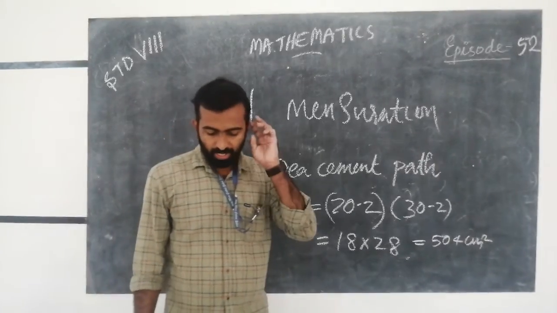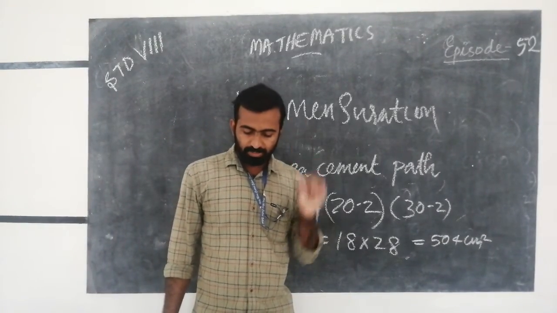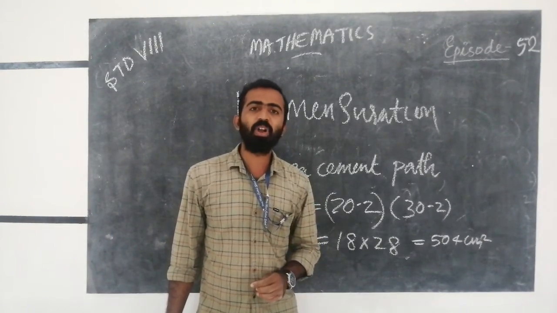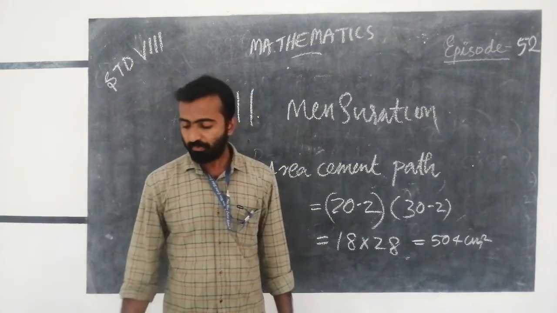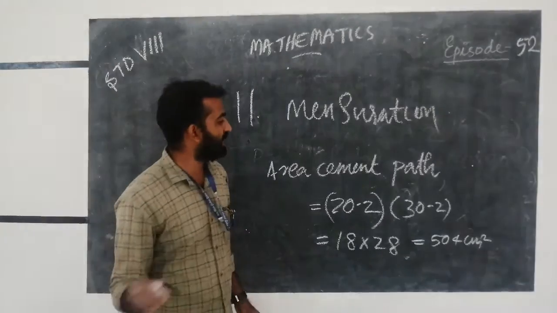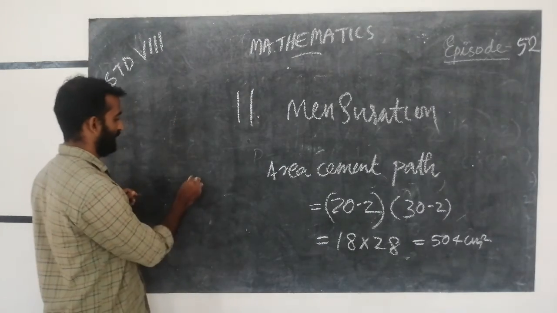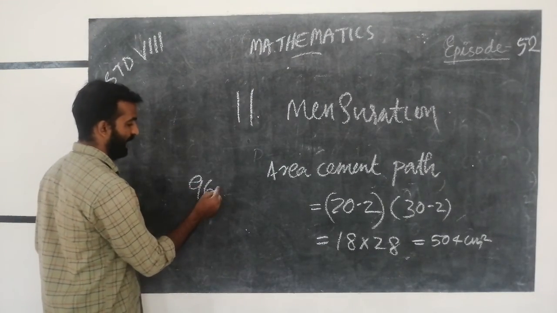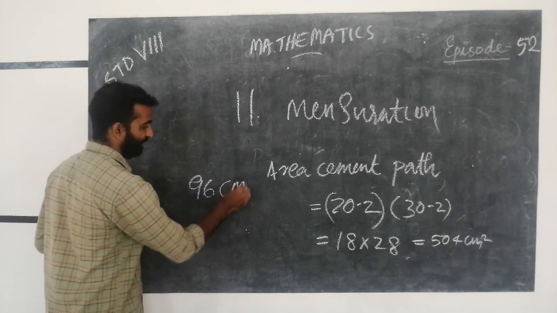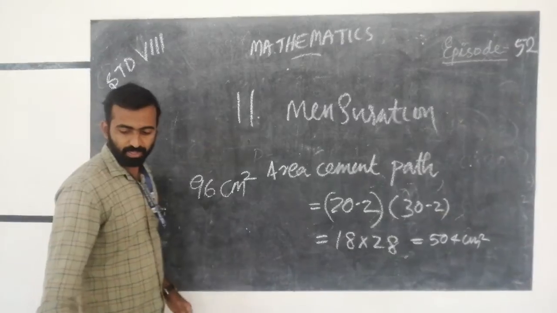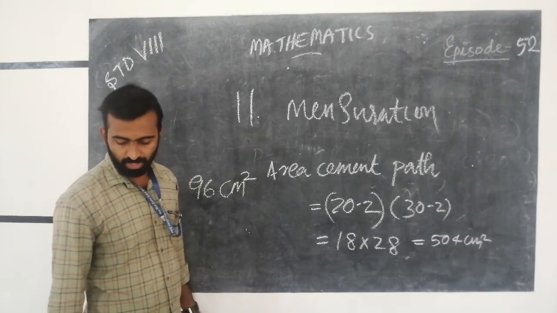504 meter square. The area of the cemented path is, the total area is 600, that is 600 minus 504, we get 96 meter square.